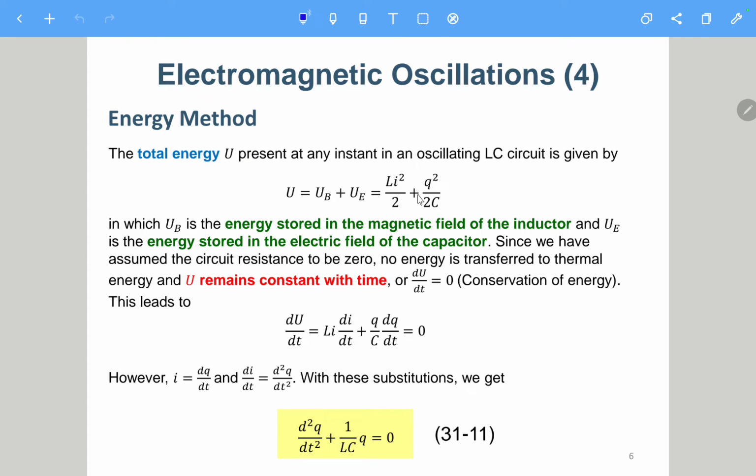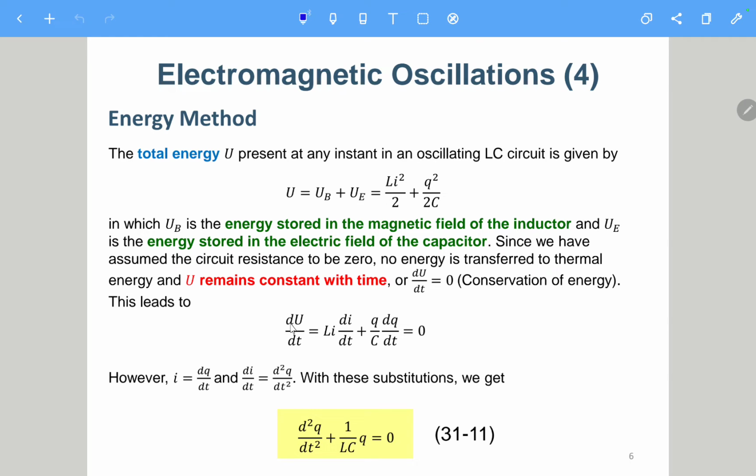And because we don't have any energy loss, which means we don't have any resistor, no energy is consumed in any sense, the energy inside the system doesn't change. So if we take the derivative of the total energy E with respect to time, it should be 0.